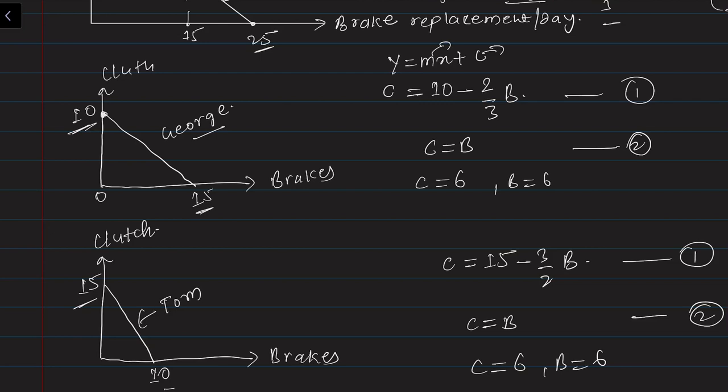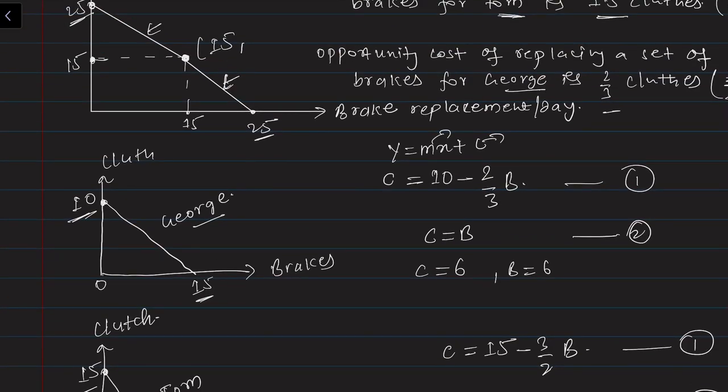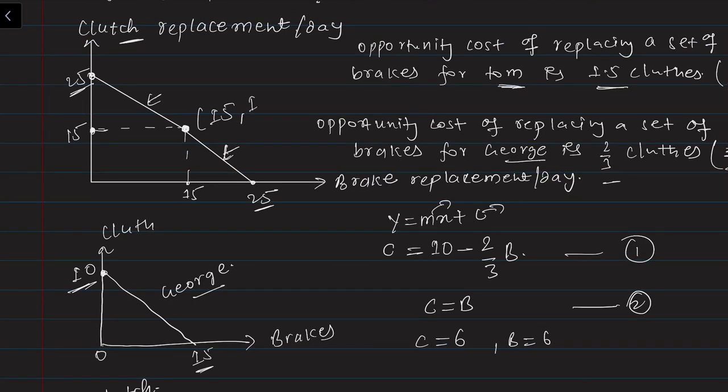Until then, Tom is producing 15 units of clutch, right? So the y coordinate will be basically 15, and this is what we did in the previous graph. So if you're confused, you can refer back to the previous graph and then come back to this question. You can watch the videos as many times as you want.